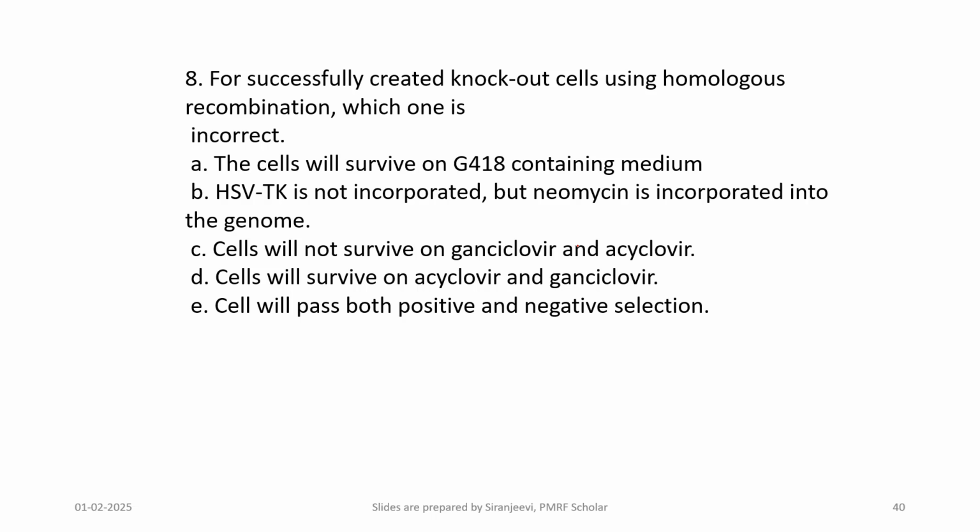For successfully created knockout cells using homologous recombination, where we have seen the first knockout, now which one is incorrect they are asking. They are not asking which one is correct. So the cells will survive on G418 containing medium. Is it a correct statement?